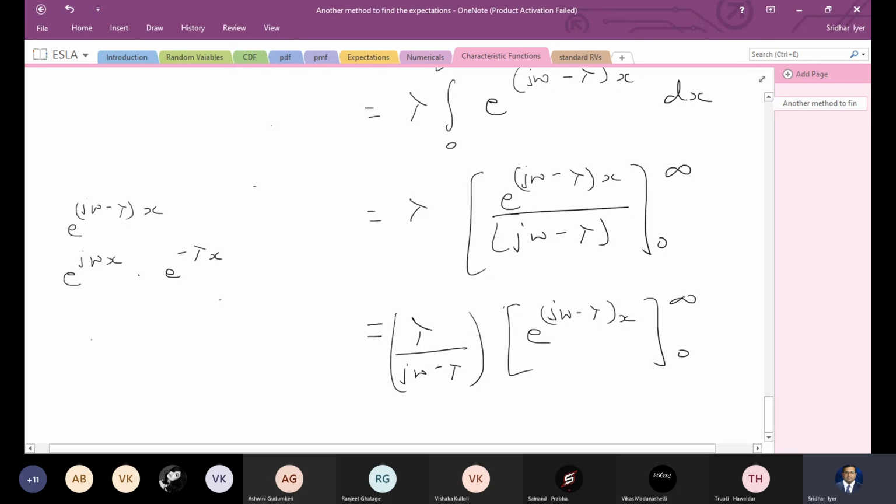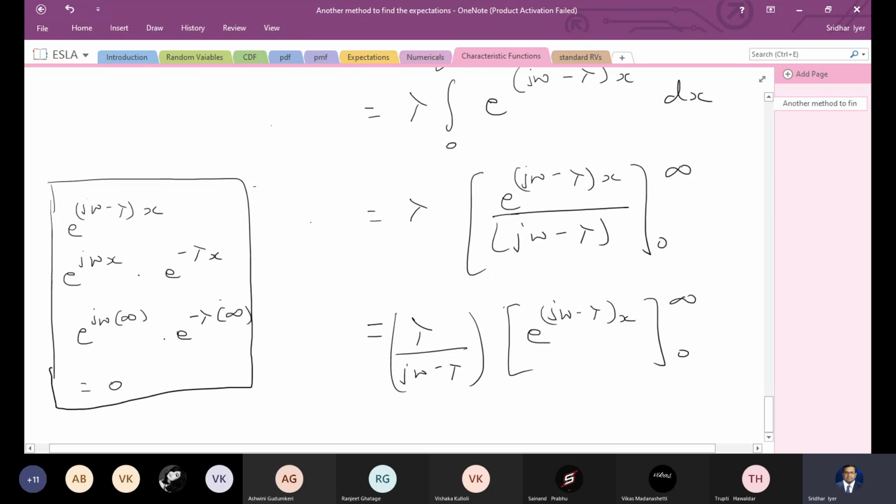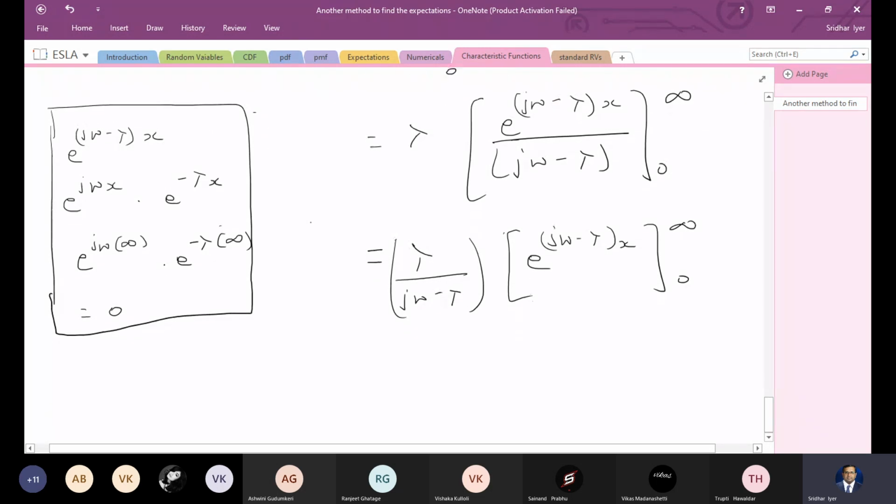So you'll have e raised to j omega into infinity multiplied with e raised to minus lambda into infinity, right? That value is just 0, and e raised to j omega infinity is also bounded. Therefore, for the limit of infinity, this answer will just be 0. So when I plug in the first limit, which is infinity, the answer will be 0.